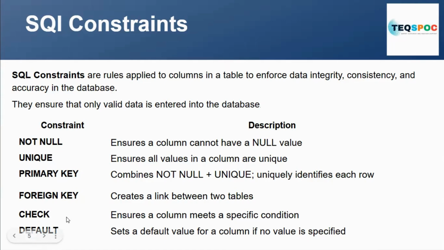Check constraint is used to specify some condition, like age should be greater than 30, or age should be greater than 18. That is a check constraint. Default sets the default value for a column. If somebody does not put any value in your field, then the default value will be put for that column.